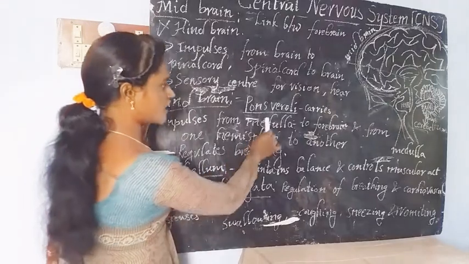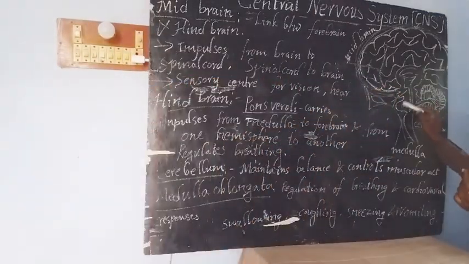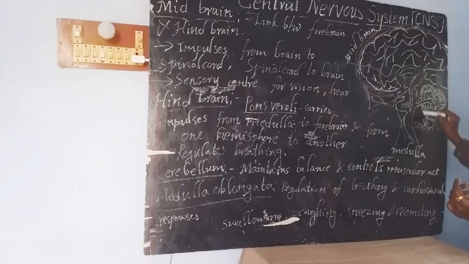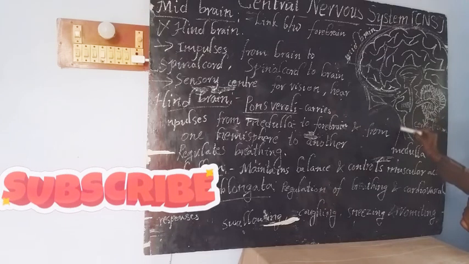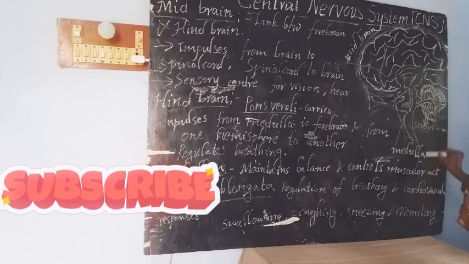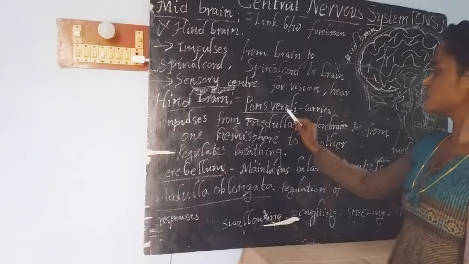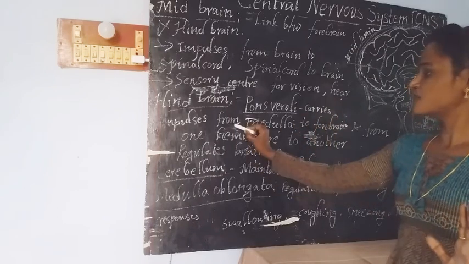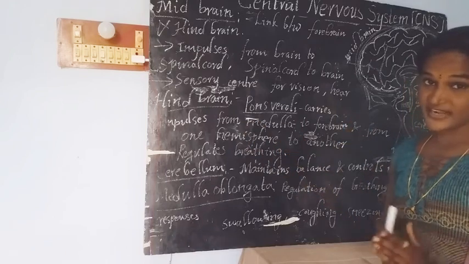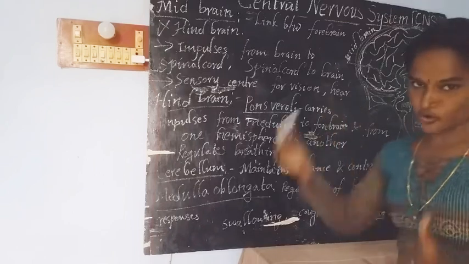If you see here, this part is called Pons Varolii, and this is the spinal cord. This is the cerebellum, and this part is the medulla oblongata. This part is the midbrain. See here children, the Pons Varolii carries impulses from the medulla to the forebrain.